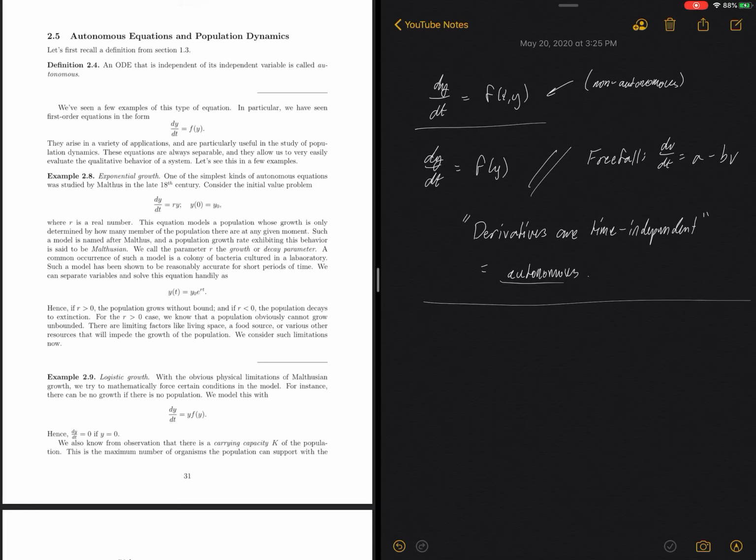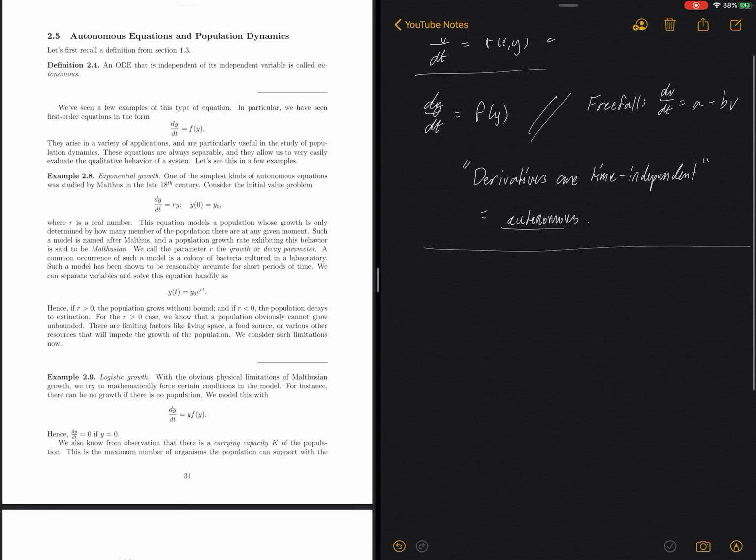But for this video, and I believe the one coming up, we're splitting this section into 2 videos, we're going to be looking at autonomous equations and showing that these do show up in more than just physics examples. In fact, we're going to make this section about population dynamics.